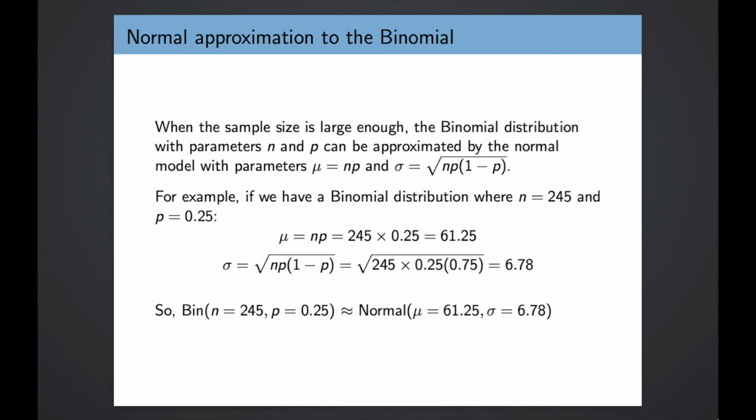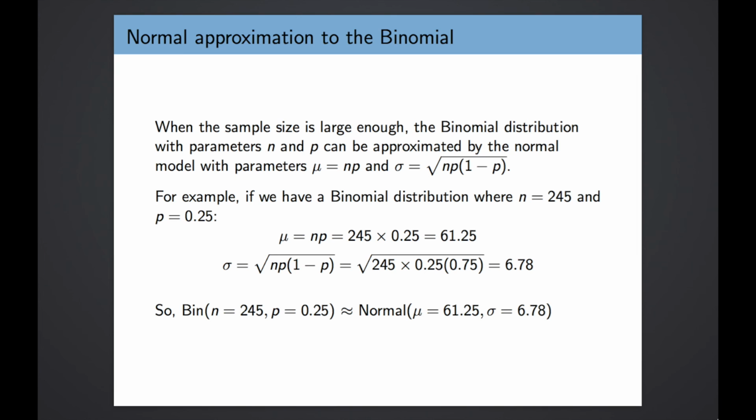So if we had a binomial distribution where n is equal to 245 and the probability of success is 0.25, the mean of the normal approximation should be 245 times 0.25, which is 61.25. And the standard deviation should be the square root of np times 1 minus p, which is 6.78.